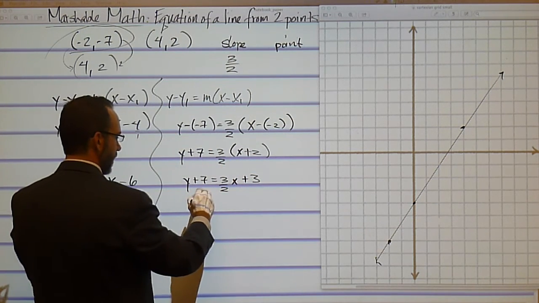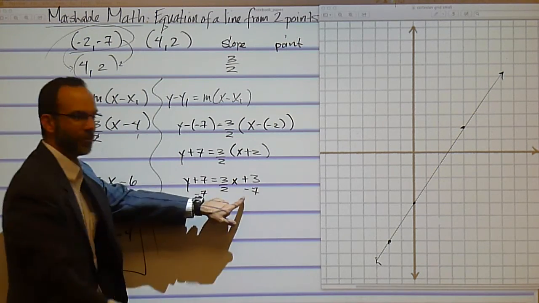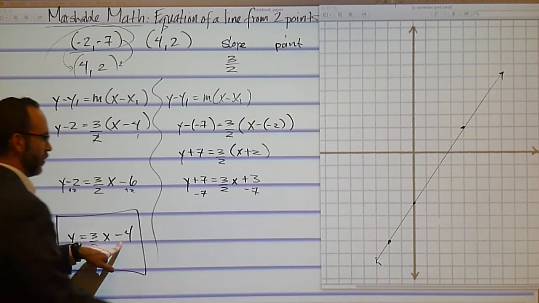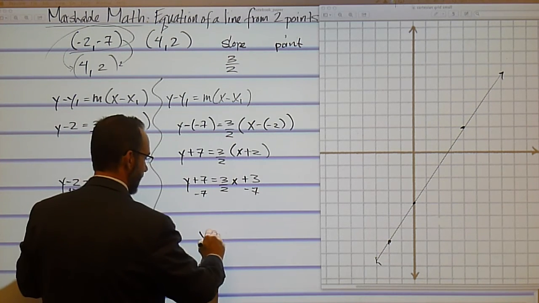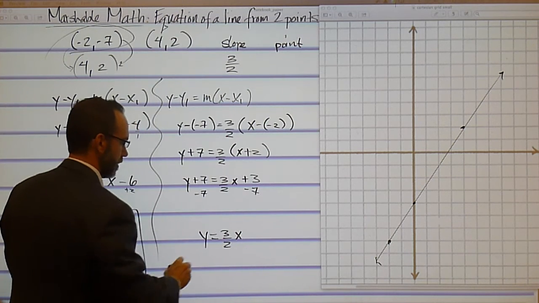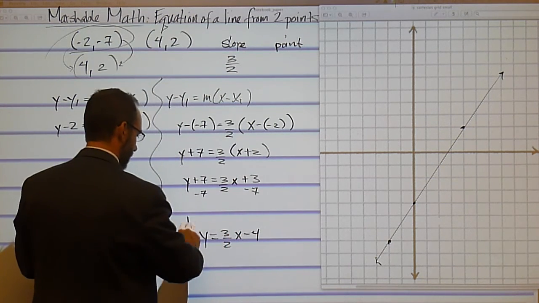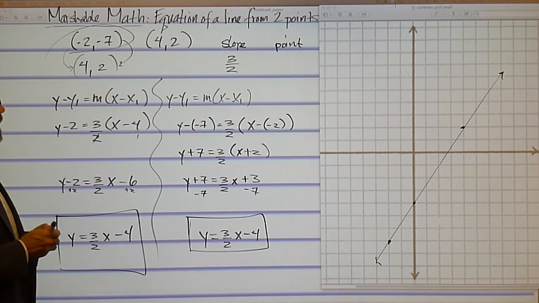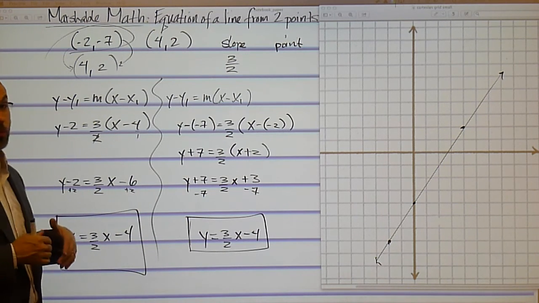And then if I subtract 7, oh look, do you see where it's going? Can you anticipate it? Minus 7, I bet it's minus 4. So y then is equal to 3/2 x minus 4. There you go. Bada bing!